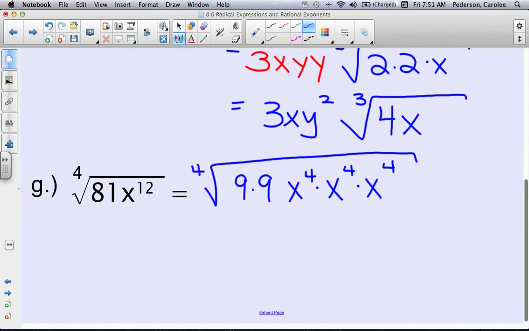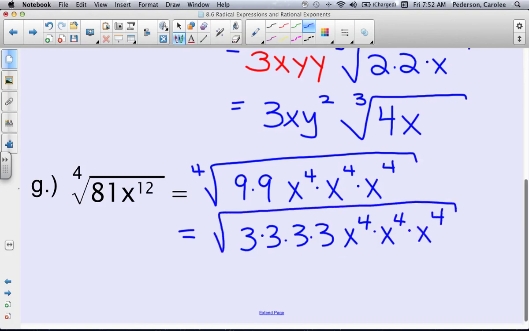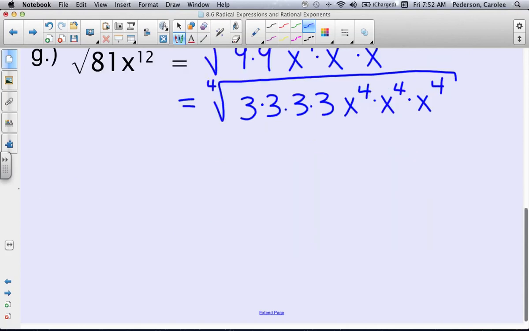We will still want to reduce those 9s, so those can be 3 and 3 and 3 and 3, because 3 times 3 is 9. And then we have the same x to the 4th, x to the 4th, x to the 4th. So now what's going to go out in front is anything that's in groups of 4.